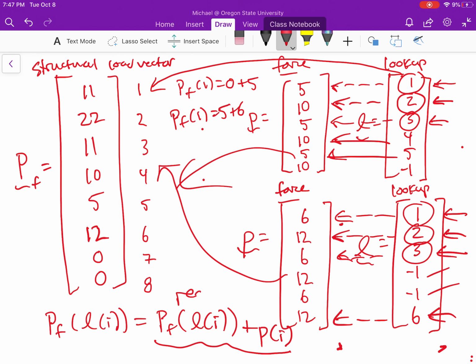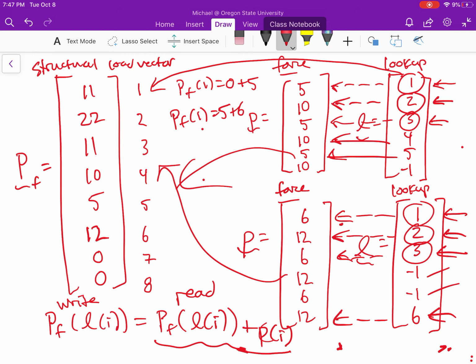We read the current value of P sub f at the L sub ith entry, and then add to it the value little p sub I for the element. What's on the left-hand side is where we write what's on the right-hand side.